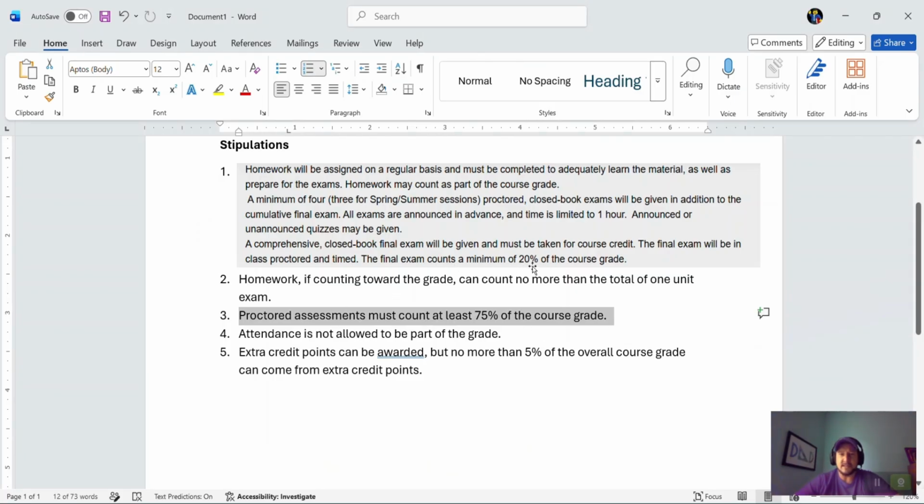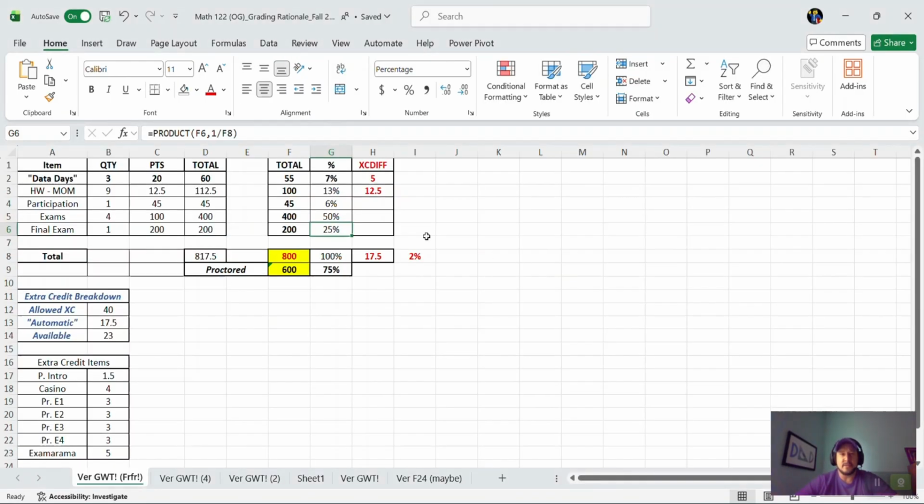The final exam must count a minimum of 20% of the course grade. I try my best to get it as far down to 20% as I can, but when you start to do that with a setup like this, you start messing around with these percentages, your proctored amount might go down.